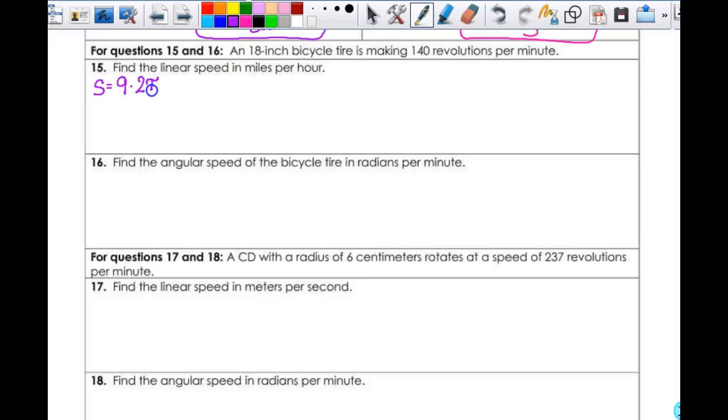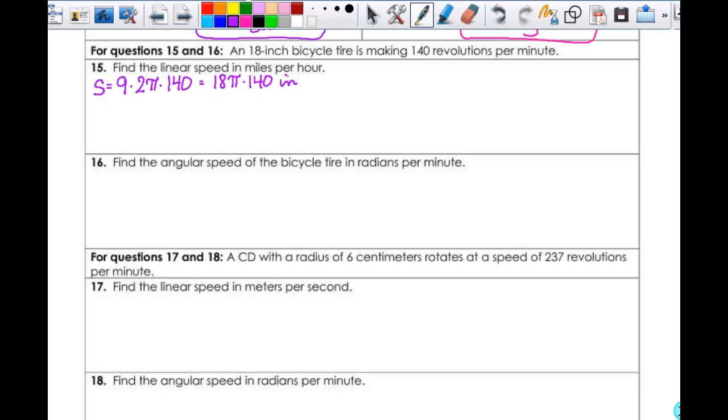Theta is 2 times pi times the number of revolutions, which is 140. So give me 18 pi times 140. Now, I'll just leave it like that for right now because I'm not done, and that'll help me reduce some stuff. So I have that arc length in inches.